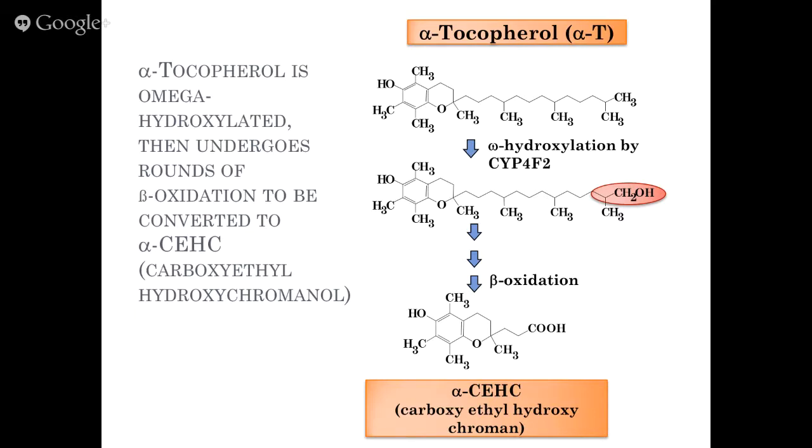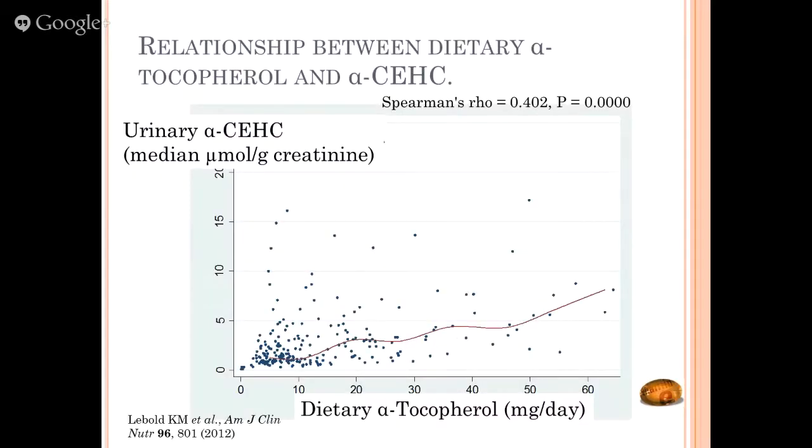My next slide shows a study done in collaboration with Lenore Arab at UCLA. She had trained several hundred people who were interested in their diets to record what they eat, and they did this like 8 different times, so we knew pretty well what their dietary tocopherol intakes were.